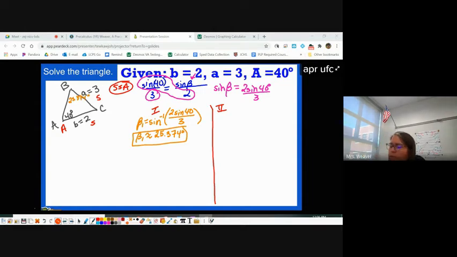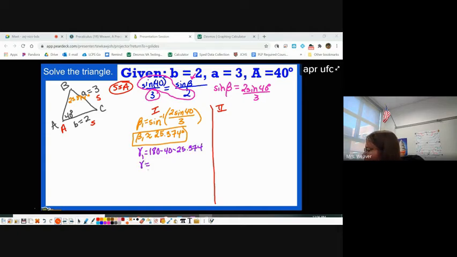Once we know 2 angles in a triangle, the fastest way to find the third angle is to subtract them from 180. So gamma 1 will be 180 minus the 40 that was given, minus the 25.374 that we just found.